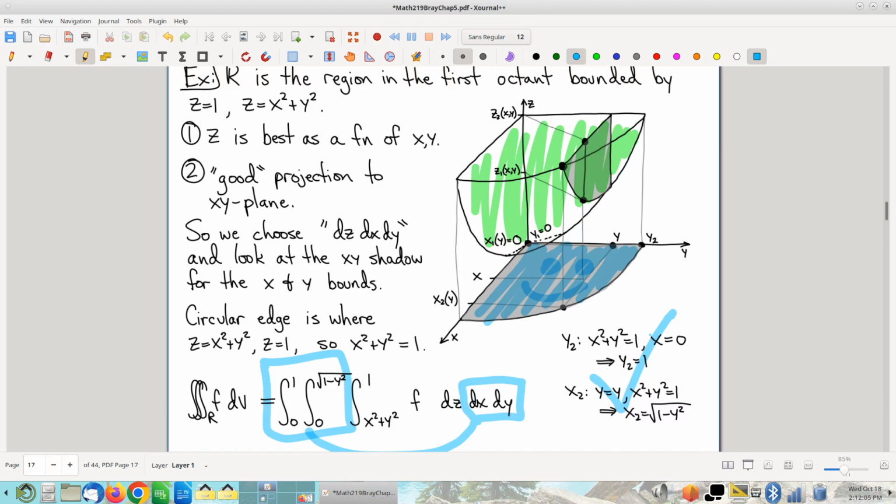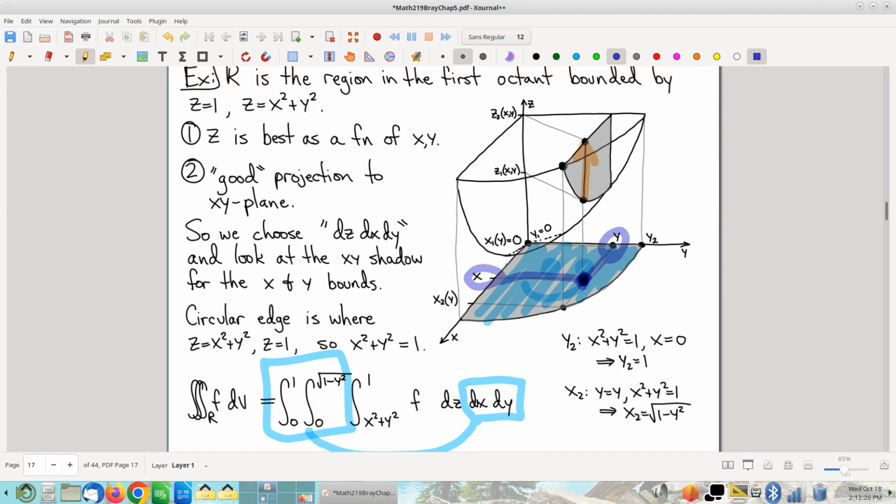Okay. All right. Now, with that in mind, it remains. We still have to figure out what's the range of values of z. If we look over, for example, a point like this, for a given value of y and a given value of x, I need to know where does z start, where does z end.